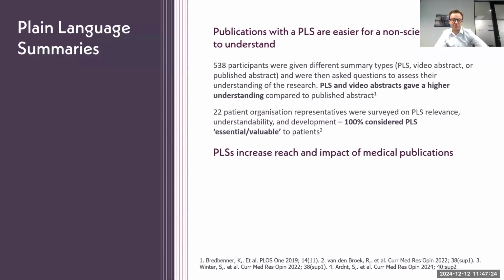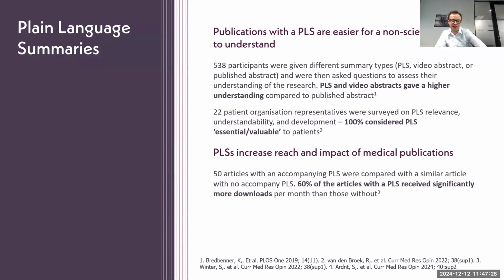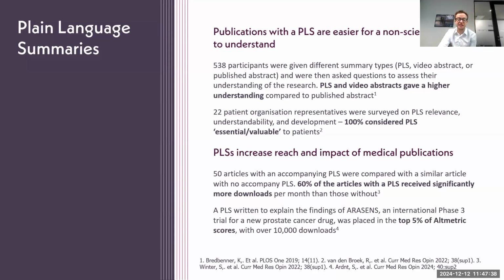On top of this, they can help to increase the reach and impact, with articles with plain language summaries generally receiving more downloads when compared with similar articles that didn't have an accompanying plain language summary. And actually, some of those plain language summaries can themselves in their own right be incredibly high impact and incredibly wide reaching.